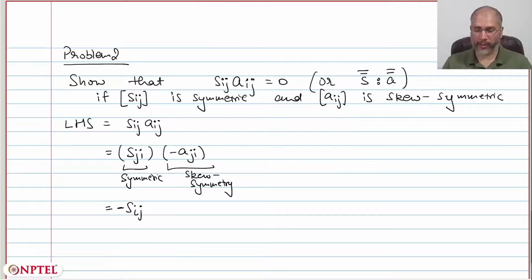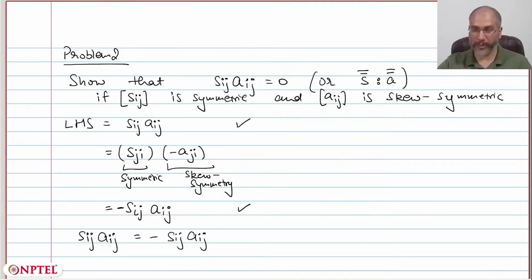I'll move the negative sign to the left. So this becomes A times ij. And now if I see the initial and this expression, what I get is S_ij A_ij is equal to negative of S_ij A_ij.